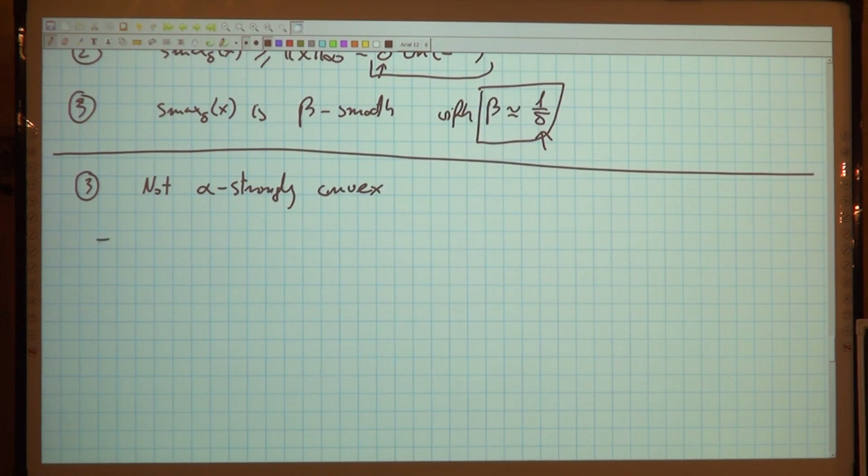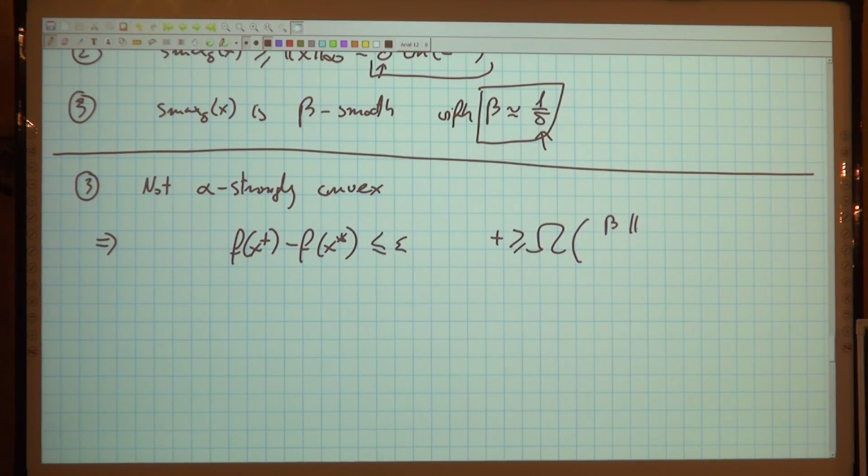Still, when you do the analysis, and I should be wrapping up, even when things are not strongly convex, you can show that you can get a point that is within epsilon of the value of the function after t is at least omega of beta times the initial distance to the point over epsilon. So this is a convergence analysis even if I don't have strong convexity.